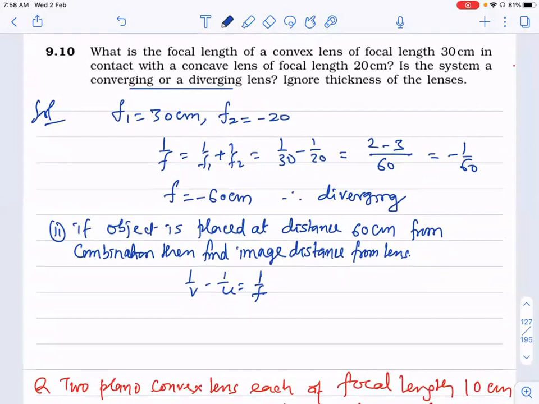तो 1/v निकालना है और ये माइनस माइनस प्लस हो जाएगा। रियल ऑब्जेक्ट है 1/60 और ये फोकल लेंथ नेगेटिव आ गई, तो 1/v is minus 1/60. Something is wrong, is it okay? Something has gone wrong. 1/v minus 1/u.